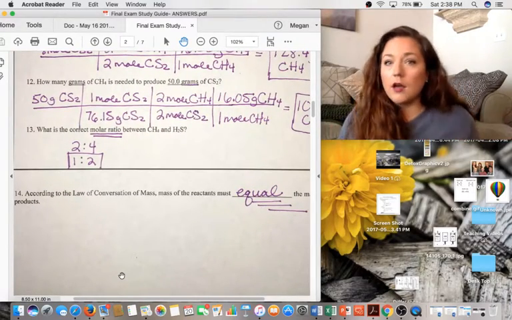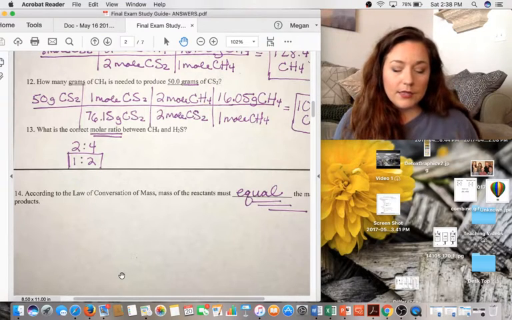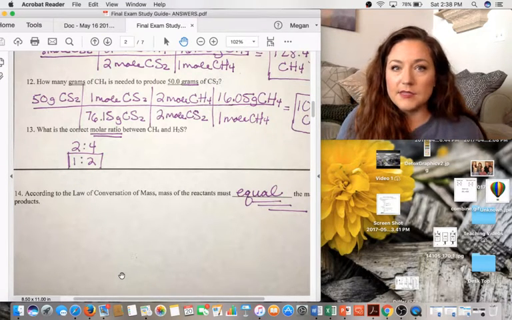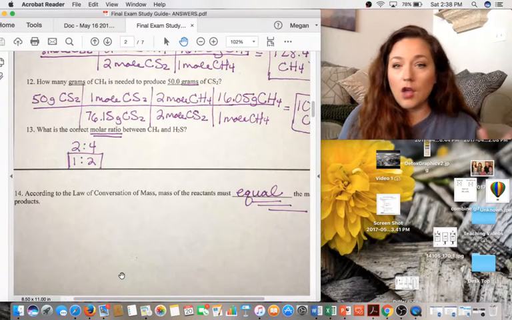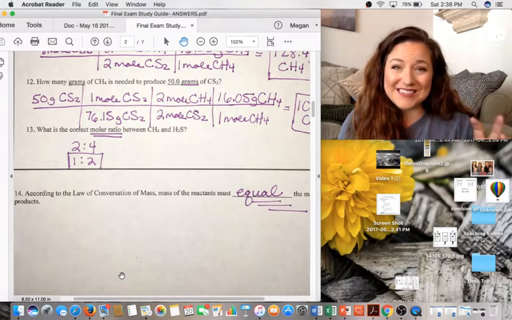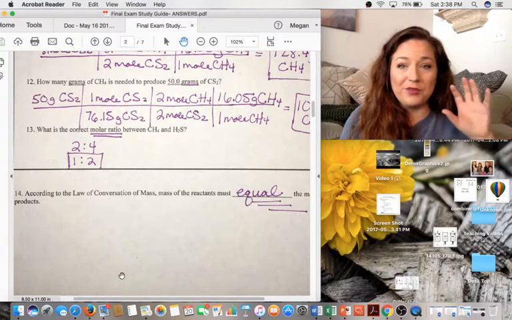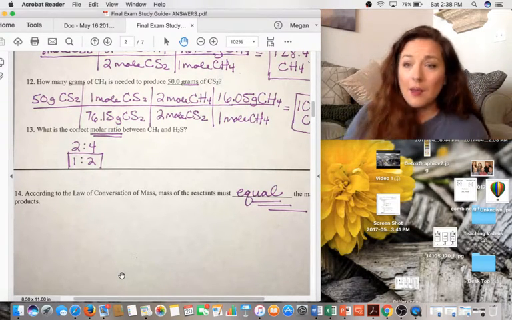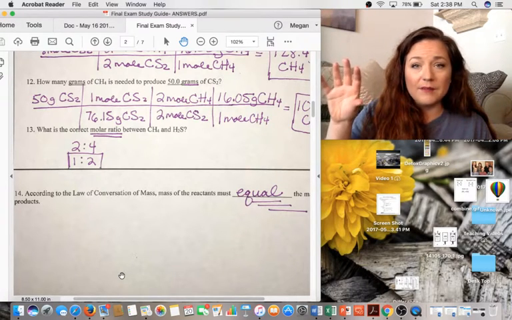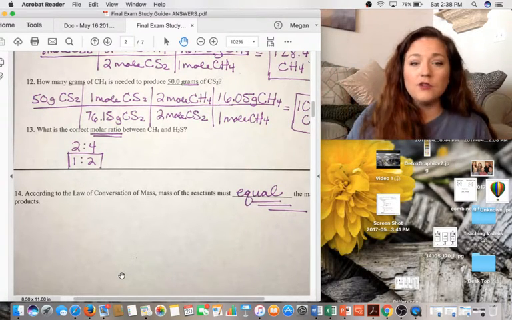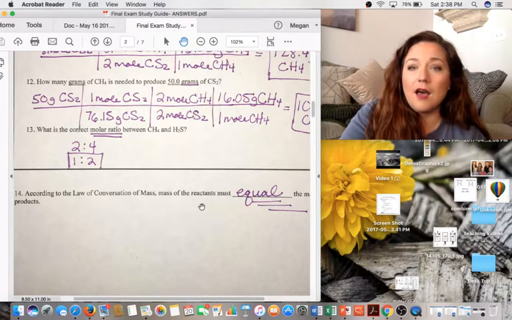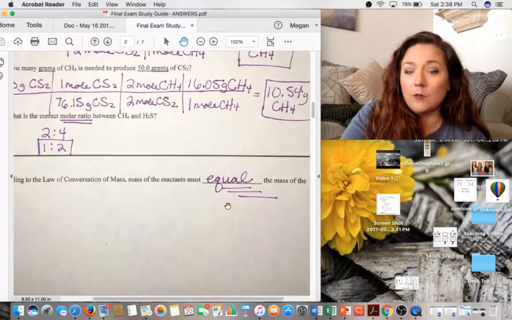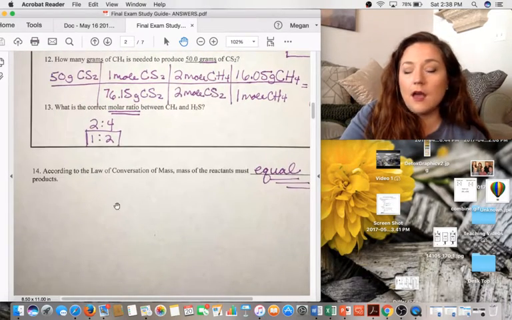All right, number 14. We have the law of conservation. Nothing can be created nor destroyed, and as Ms. D says, just reorganized. So the law of conservation of mass states that the grams of reactants that I begin with must equal the grams of the products. So the mass of the reactants must equal the mass of your products.